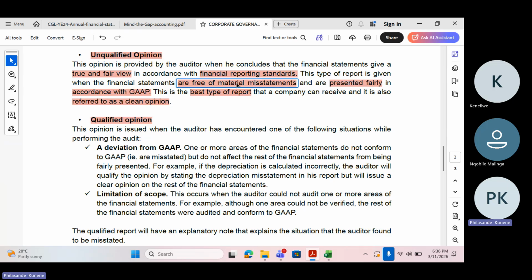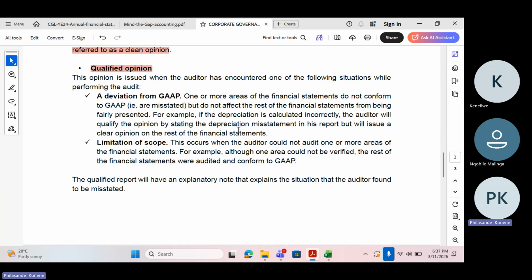That's why we include materiality: the statements should be free of material misstatement, not just any misstatement, but the one that is above materiality. Then it is going to be unqualified if it is free of material misstatement. So all the misstatements you make must be below materiality.